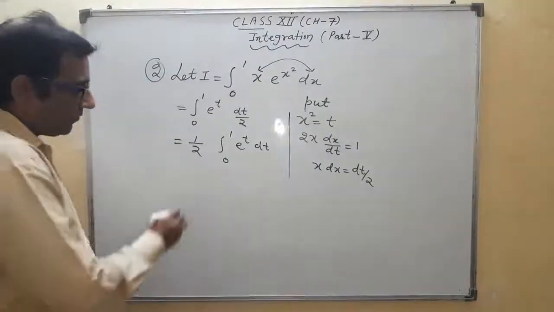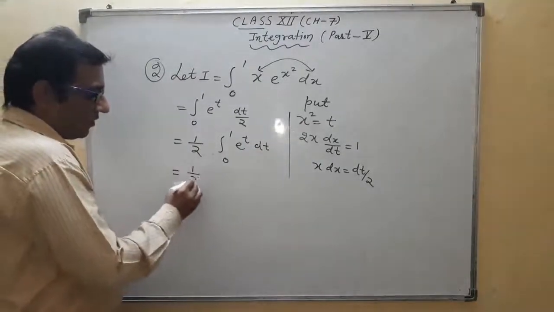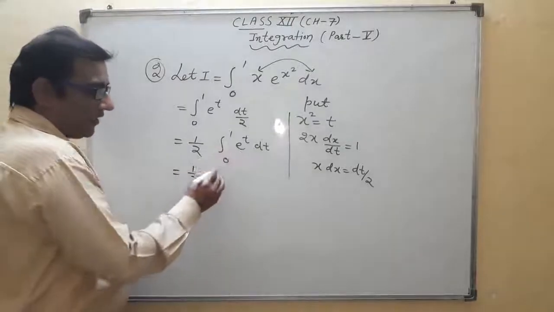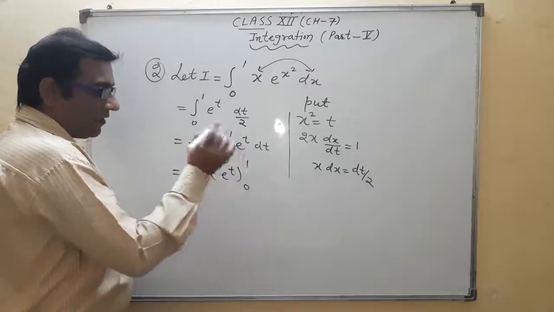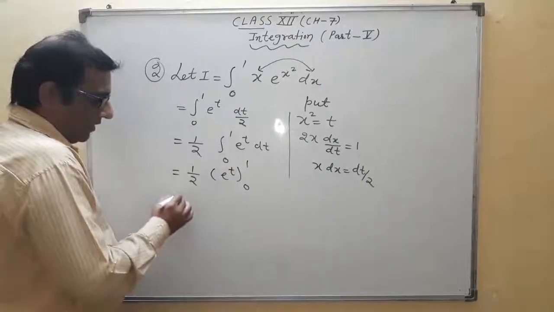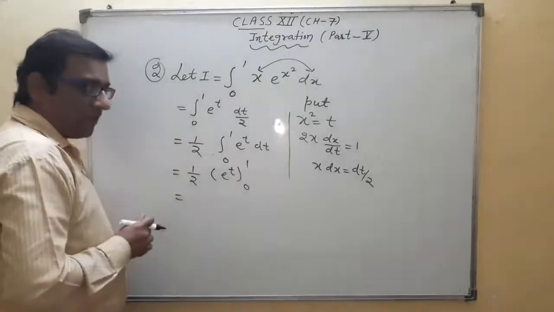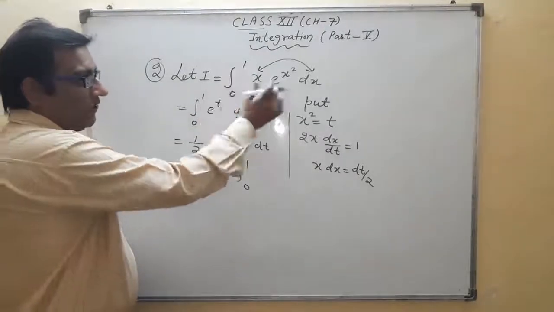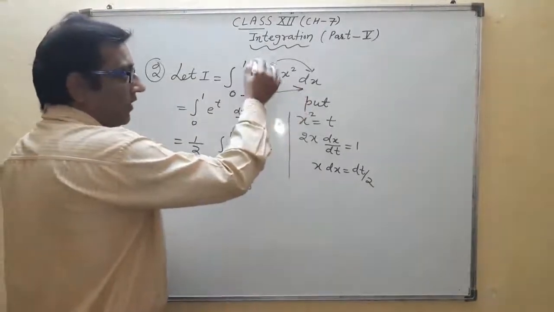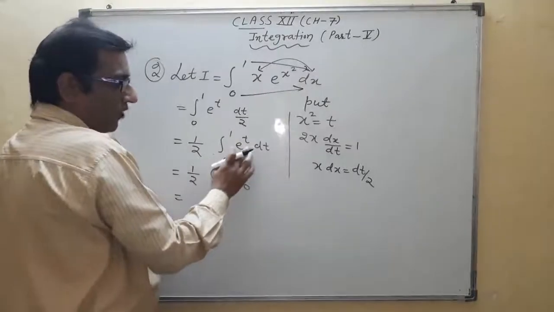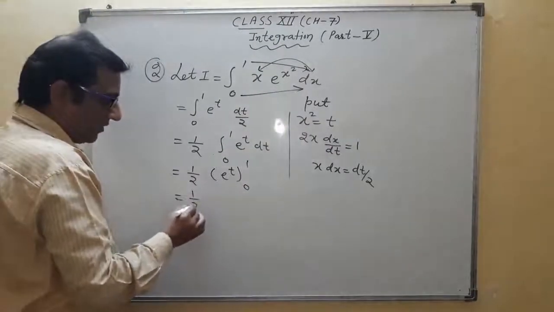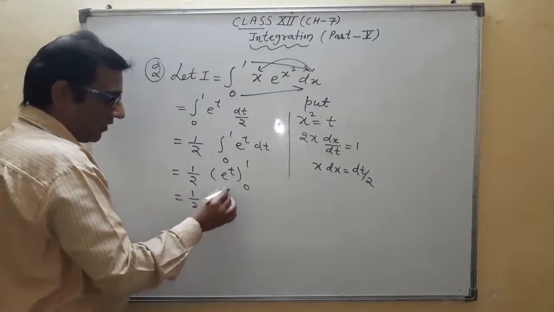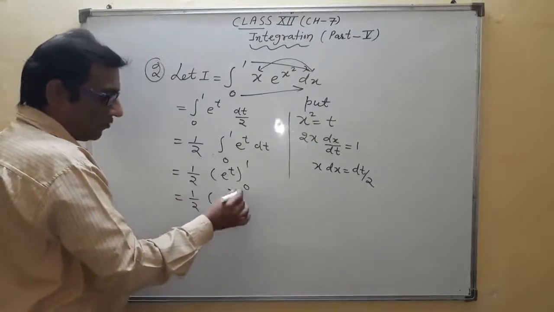After this, the integration of e^t dt is e^t, and before putting the value of t, because these limits are related to x only, we replace the value of t here, and this is e raised to the power x square, 0 to 1.